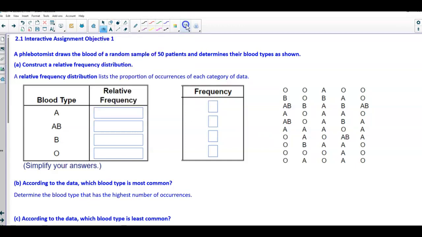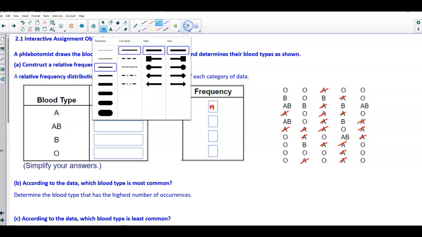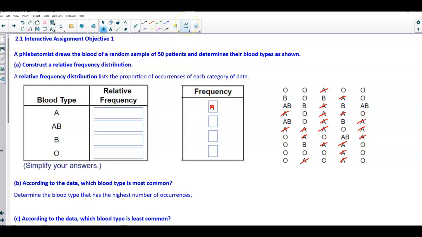For blood type A, we have 1, 2, 3, 4, 5, 6, 7, 8, 9, 10, 11, 12, 13, 14, 15, 16, 17, 18, 19. So we have 19 for blood type A. For blood type AB, excuse me, we have 1, 2, 3, 4.